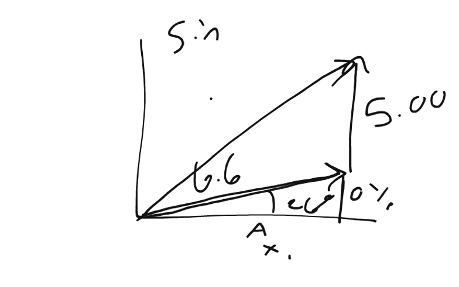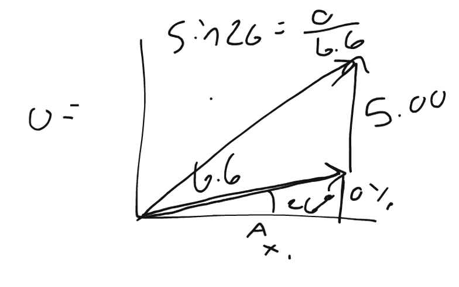So the sine of 26 degrees equals our opposite over 6.6. Sine of 26 degrees is approximately 0.43. You work this out and you can figure out that the opposite equals 2.89. So my y1 equals 2.89.